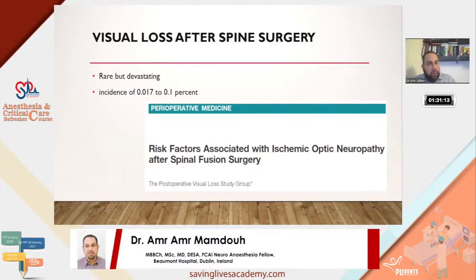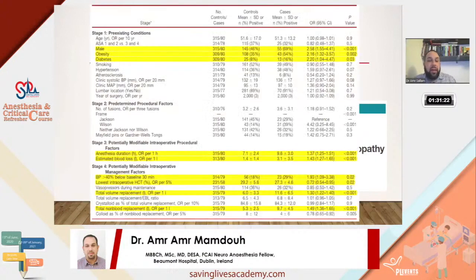And actually in the United States in 2012, they developed a group to study the whole American registry, and they searched for all variables in all patients. And they concluded that there are some variables that may lead to an increased incidence of postoperative vision loss.